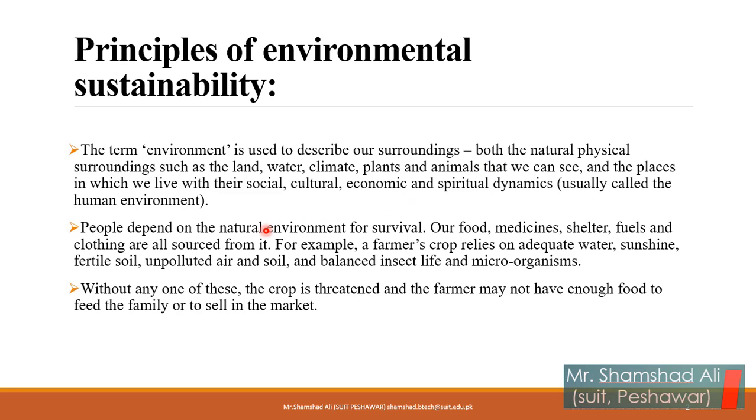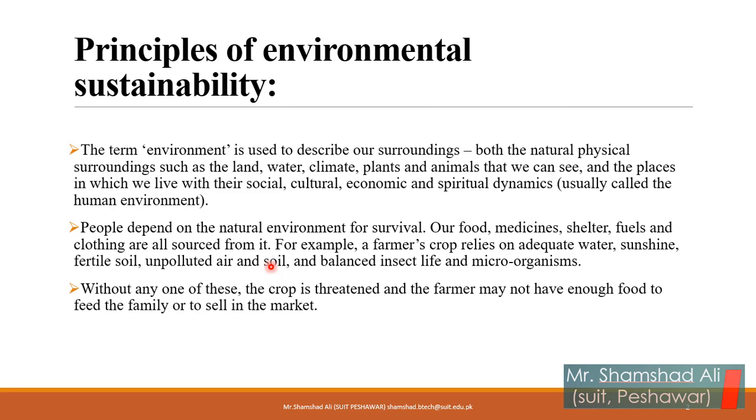People depend on the natural environment for survival. For example, our food, medicine, shelter, fuels, and clothing are all sourced from it. For example, a farmer's crop relies on adequate water, sunshine, fertile soil, unpolluted air and soil, and balanced insect life and microorganisms.